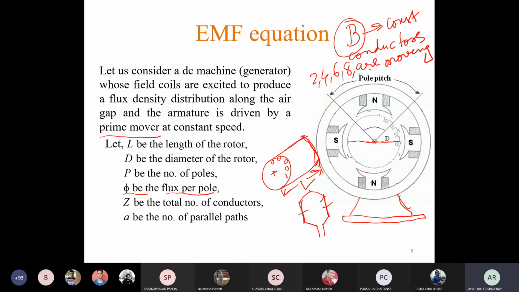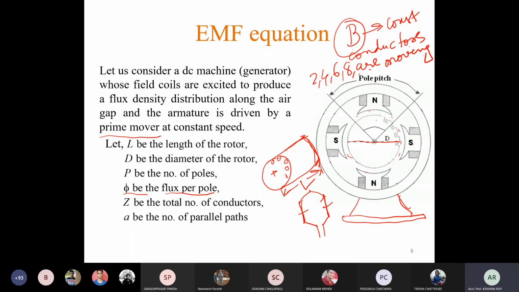So in this DC machine we have another part which is known as the commutator. This commutator is nothing but a mechanical rectifier which rectifies the induced EMF. Here inside this armature AC voltage will be induced. So after passing through this commutator, across the brush terminals we will have DC voltage.